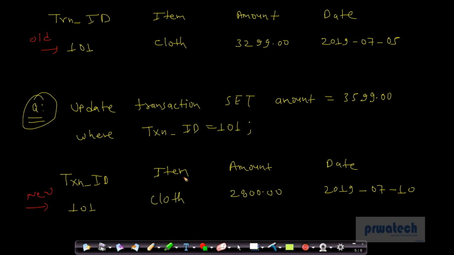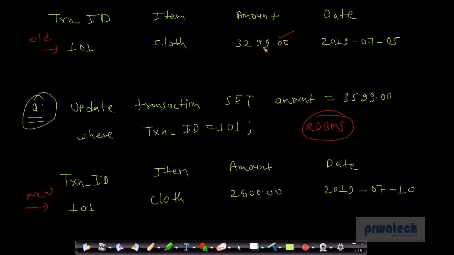Is there any way in RDBMS that we can see this old result again? After committing this line, if I want to check the old result, it is not possible in RDBMS. Why?